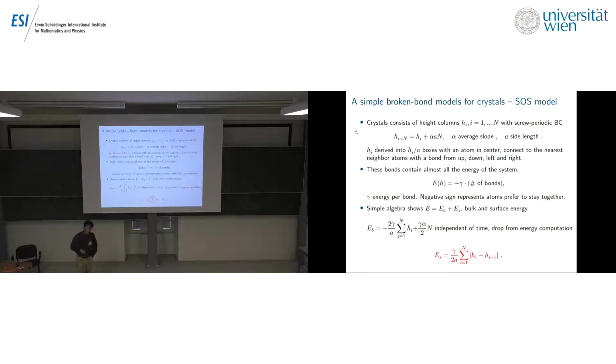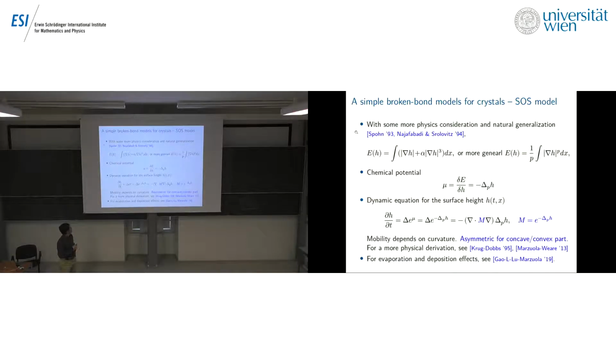The bulk energy is a constant and contributes nothing to the variation of the dynamics. The surface energy has a very clean, simple formulation. It's sort of the mean curvature, like L1. Then we're reading the paper by Spohn and David in '94.